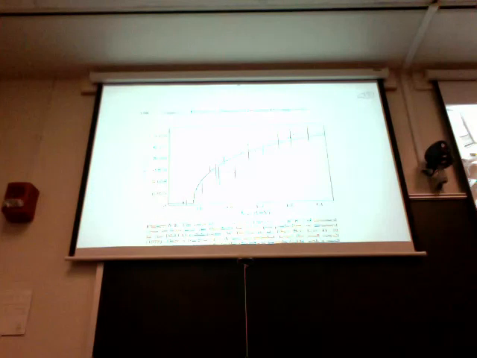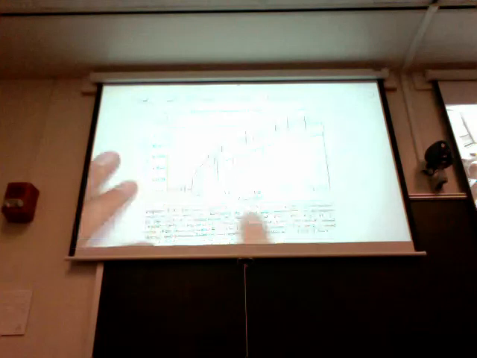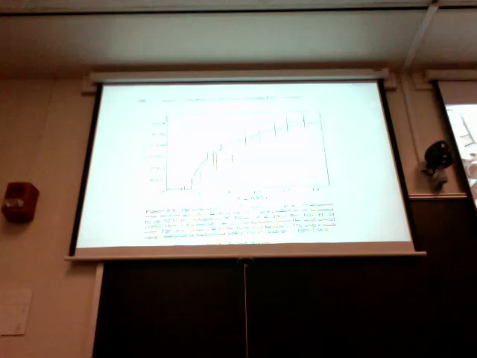The reason they take ratios a lot of times when doing these measurements is that a lot of systematic errors and things like that will cancel out. So a lot of times you'll see things presented as ratios.